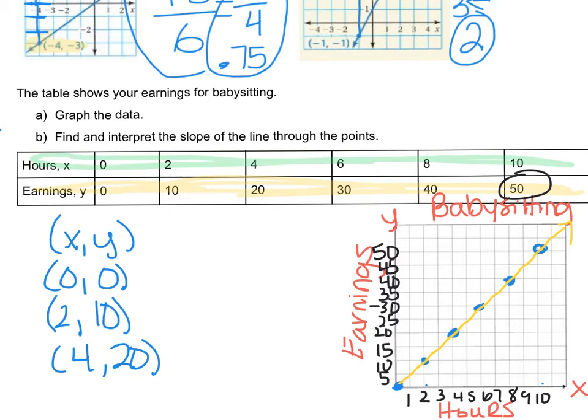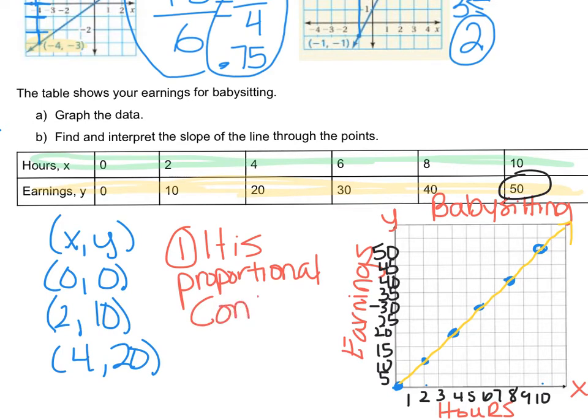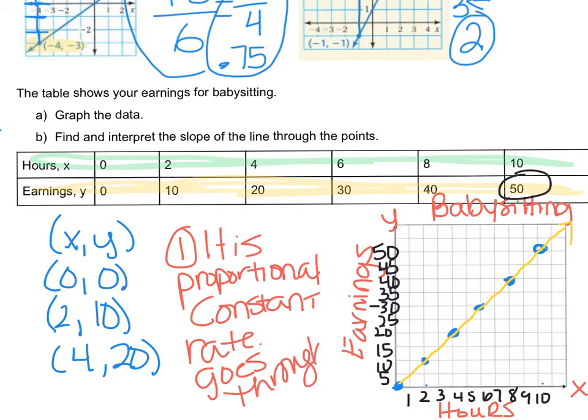So that first tells us, and we discussed this the other day, number 1, it is proportional because it has that constant rate. Okay? And it also goes through the origin. Great. So that answered the first question.